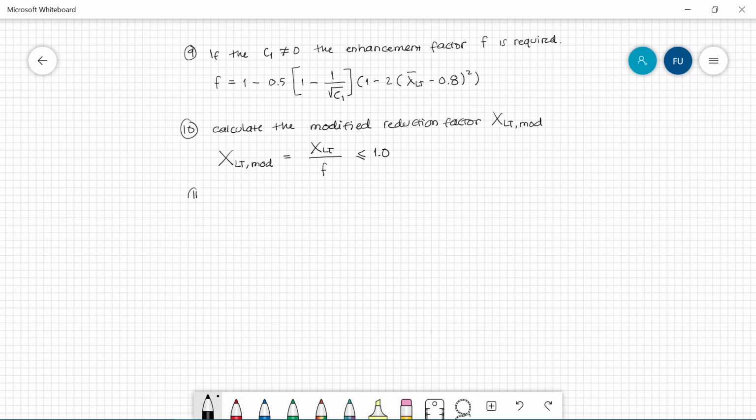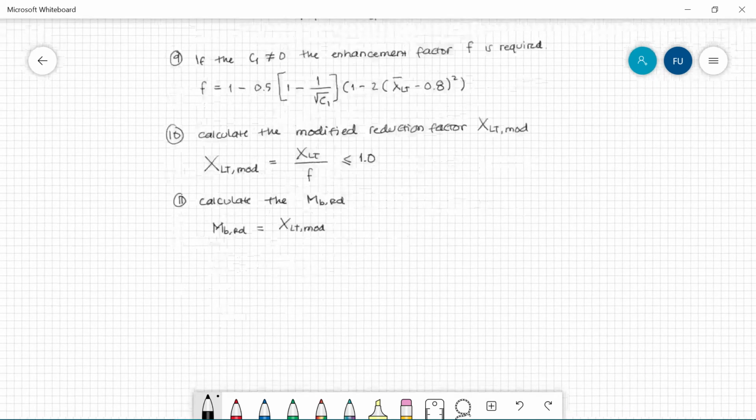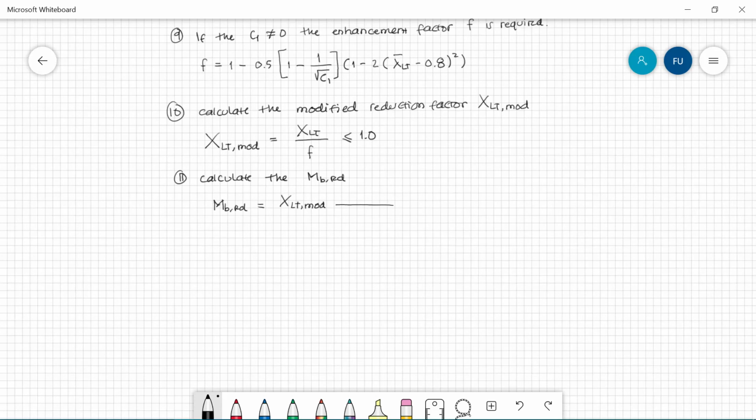Number 11, calculate the Mb,Rd. Chi LT modified reduction factor times Fy times plastic modulus about y over gamma M1.